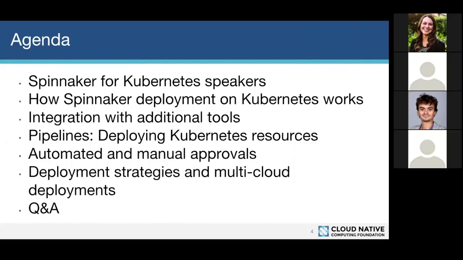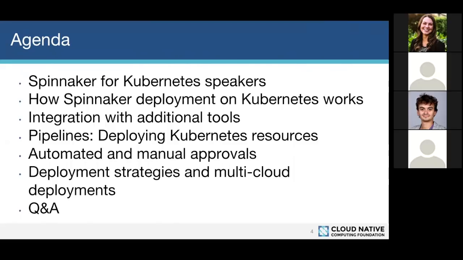I'm going to talk about how Spinnaker deployment on Kubernetes works. Deploying Spinnaker can be, shall we say, a little challenging under some circumstances. I'm going to talk about the tools that it integrates with. It is a very good tool for linking together a lot of the pieces of the software development ecosystem.